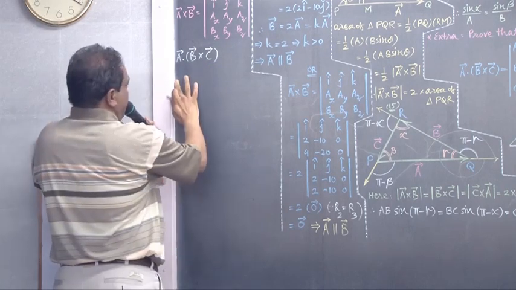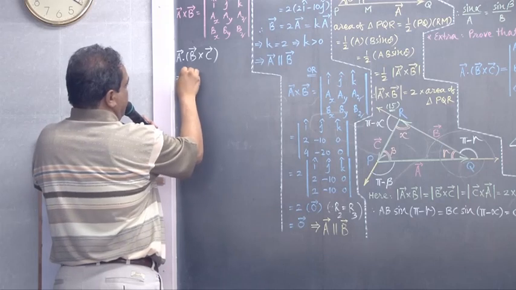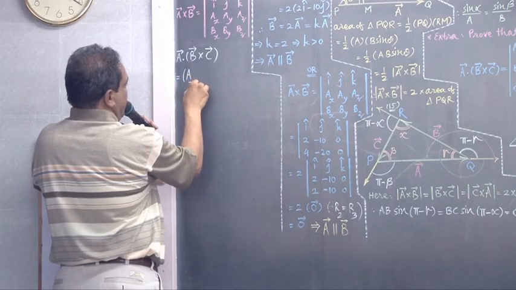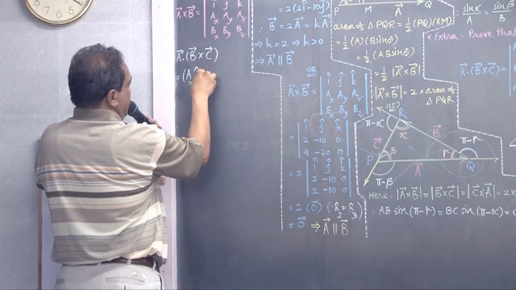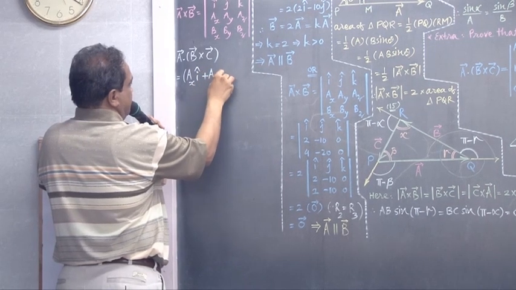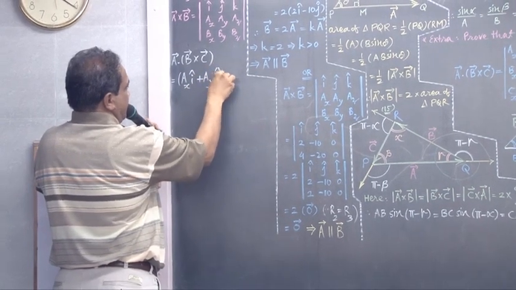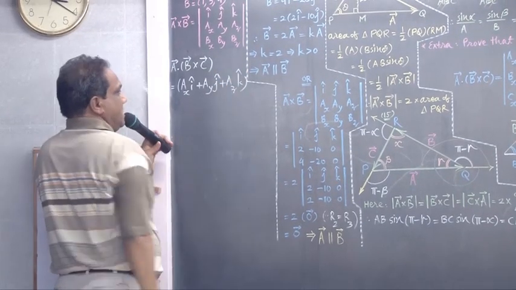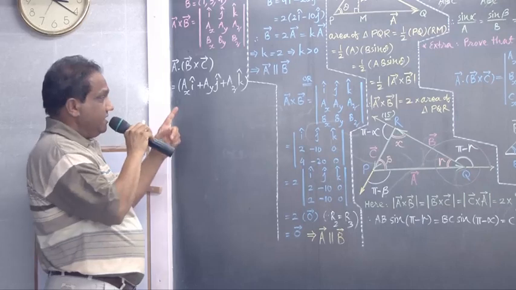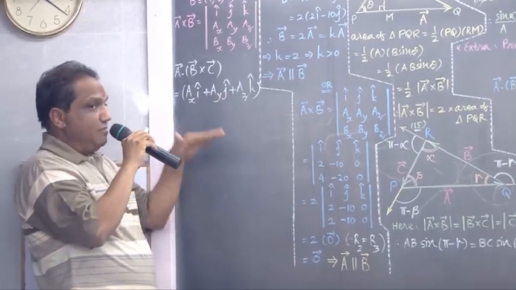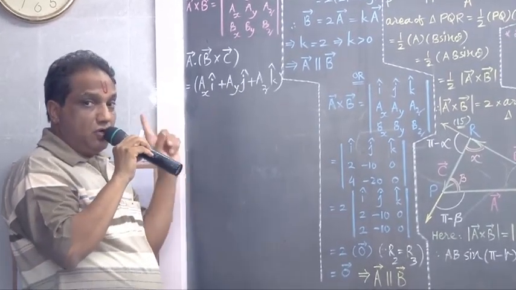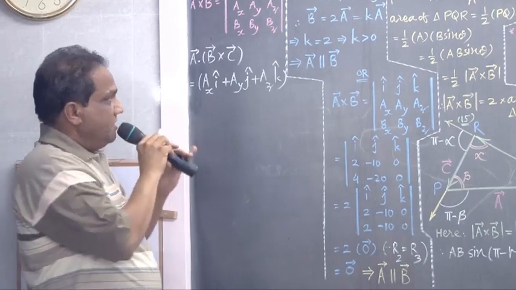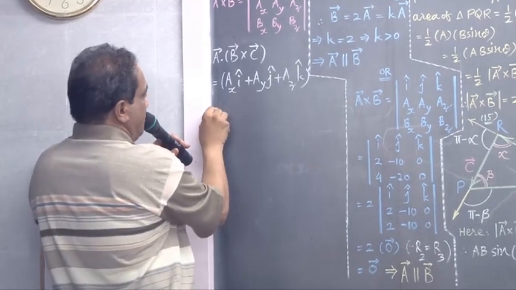Vector A in 3 dimensions: Ax i hat plus Ay j hat plus Az k hat. Look carefully where I am writing x, y and z, well below, not in the same line. Okay. Then dot.